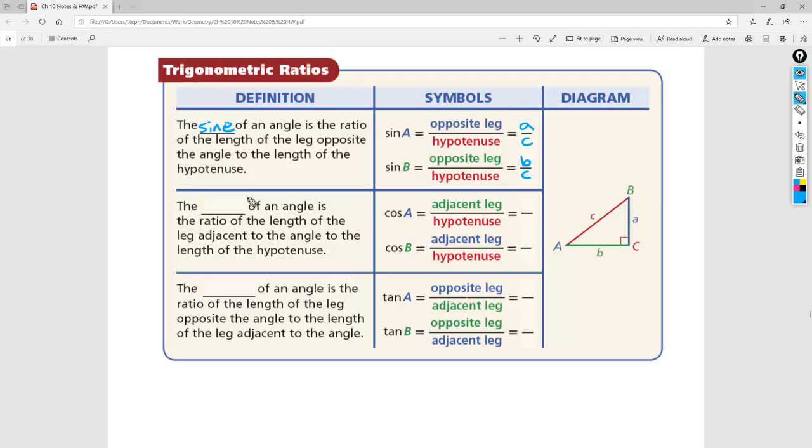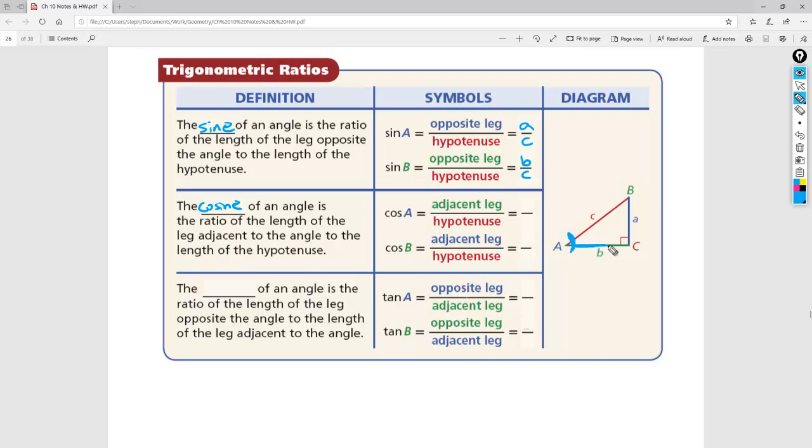Alright, our next term is cosine, and the cosine of an angle is the ratio of the length of the leg adjacent to the angle to the length of the hypotenuse. Okay. So instead of going opposite, we're going to go adjacent, just meaning next to. So if I'm trying to find cosine of angle A, again, this time I'm looking adjacent. So before we went opposite, now I'm looking at what is next to. Alright, so just basically the other leg, because I wouldn't be using the hypotenuse in this case.